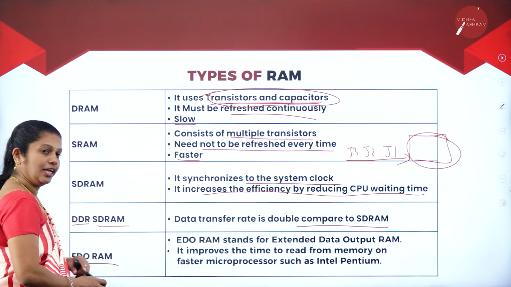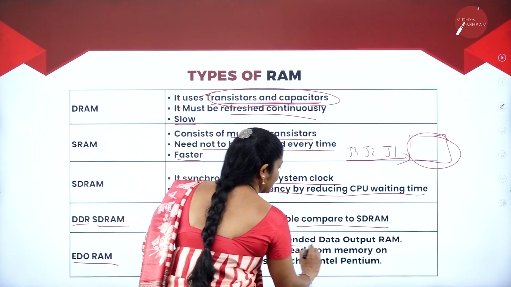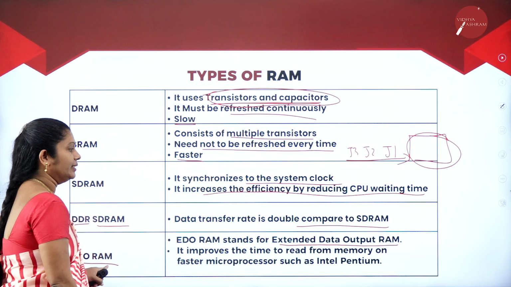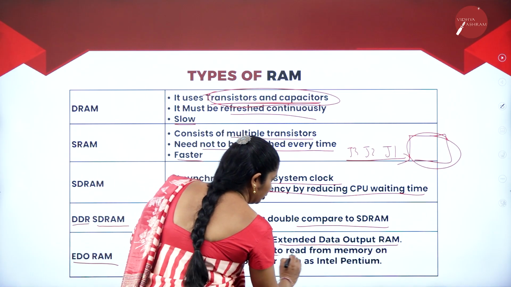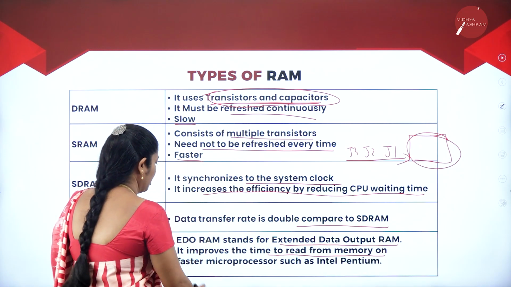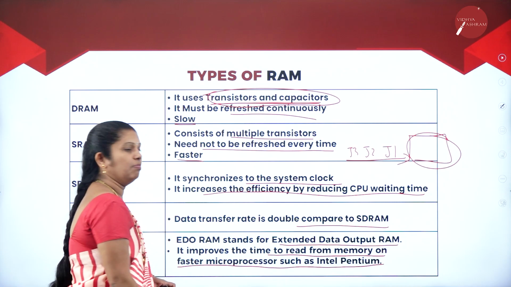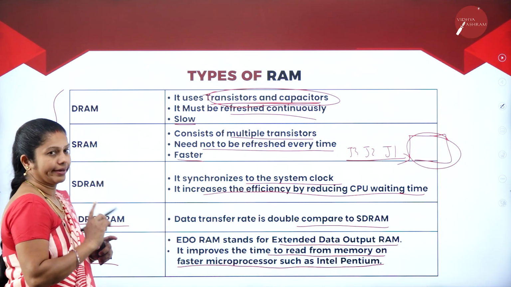And the last one, EDORAM, whereas EDORAM stands for Extended Data Output RAM. Extended Data Output RAM improves the time to read from the memory on faster microprocessors such as Intel Pentium. These are a few types of RAM.